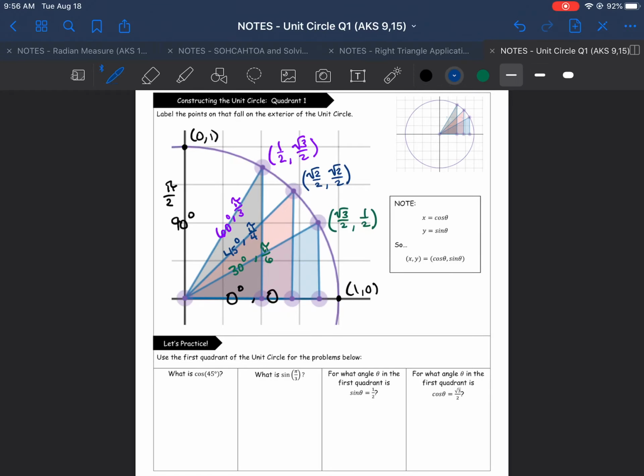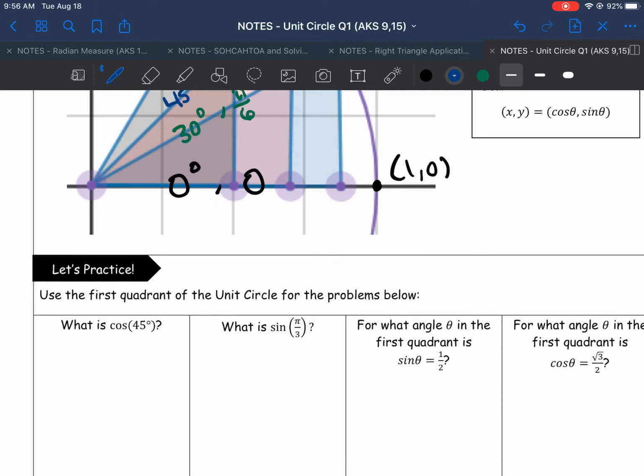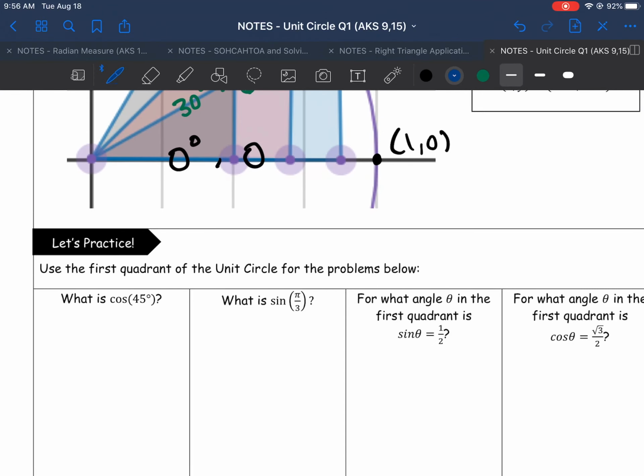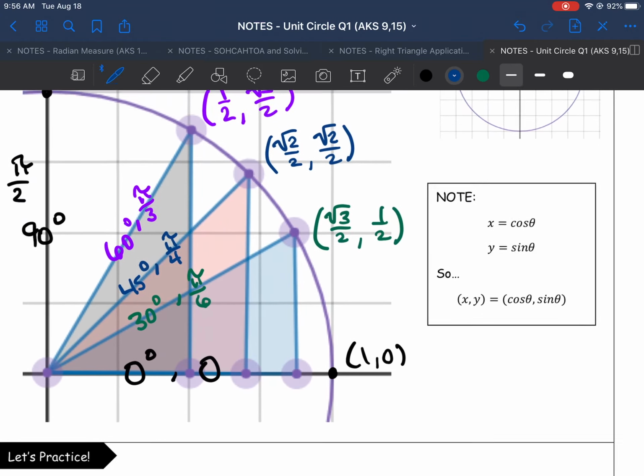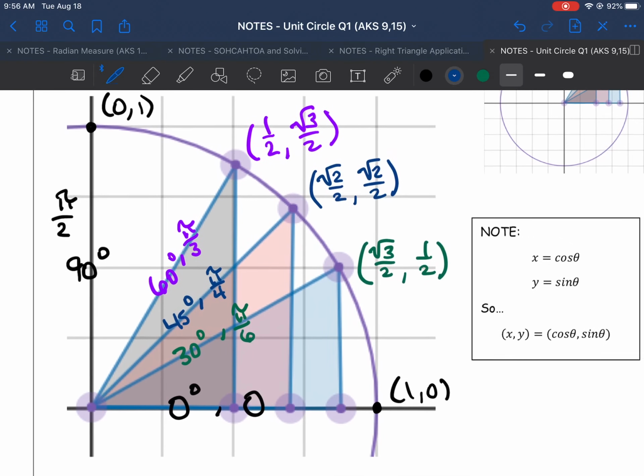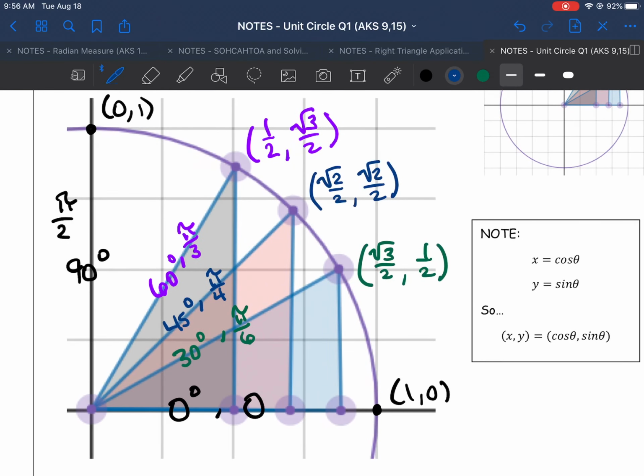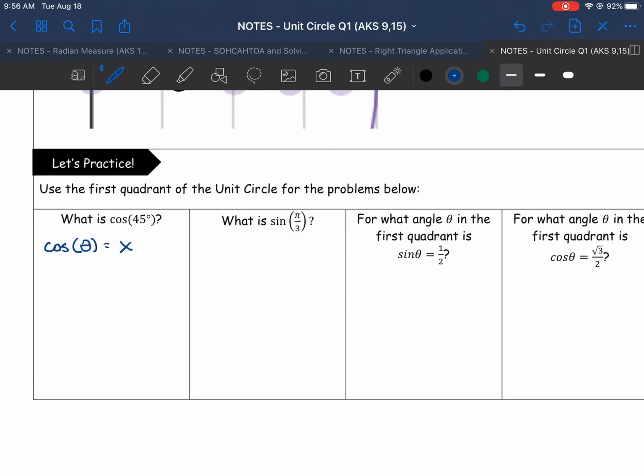Here in question 1, our practice problems, we want to know what is the cosine of 45 degrees. Well, remember that the cosine of an angle theta is equal to the x value of that ordered pair. So if I look at 45 degrees, the x value of 45 degrees is square root of 2 over 2.